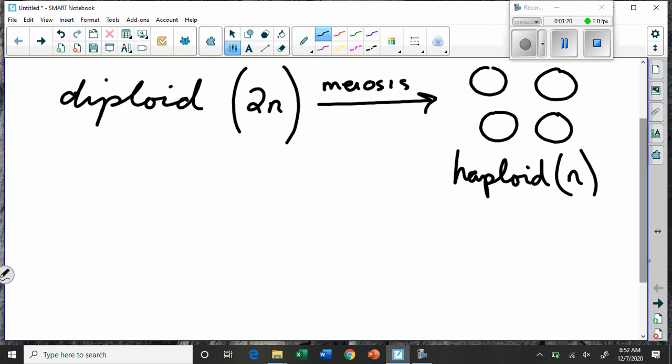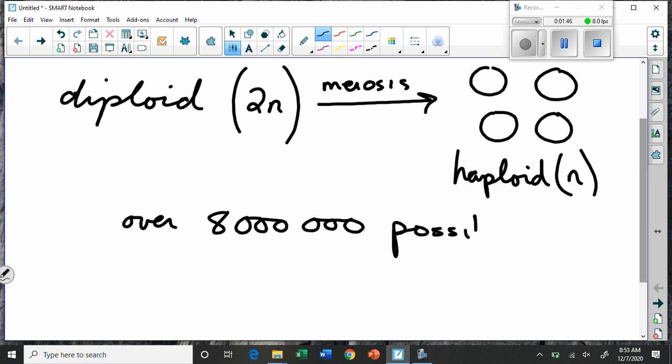But the possible combinations of this, because when they line up, remember in metaphase 1, they line up on the equator of the cell. But their position can be variable, whether they're this way or that way. And so I was just looking up the possible combinations, and there are over 8 million possible combinations, which is kind of interesting.